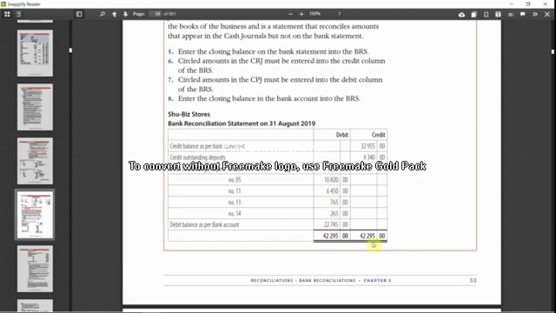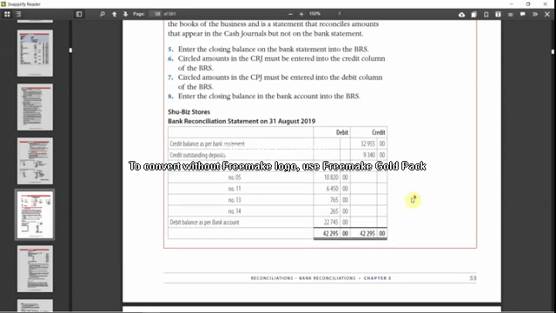And now the debits and the credits should add up so that the bank reconciliation is in balance.